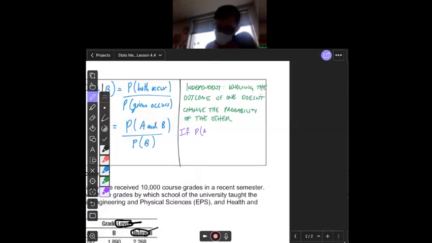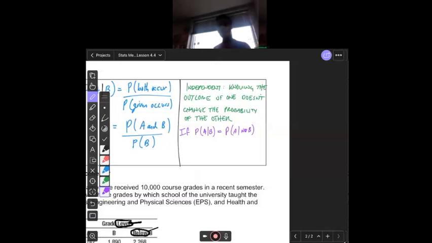So if P of A given B equals P of A given not B, that's what we looked at, right? The probability of someone preferring English given that they were female, compared to the probability of someone preferring English given that they were not female, aka male.